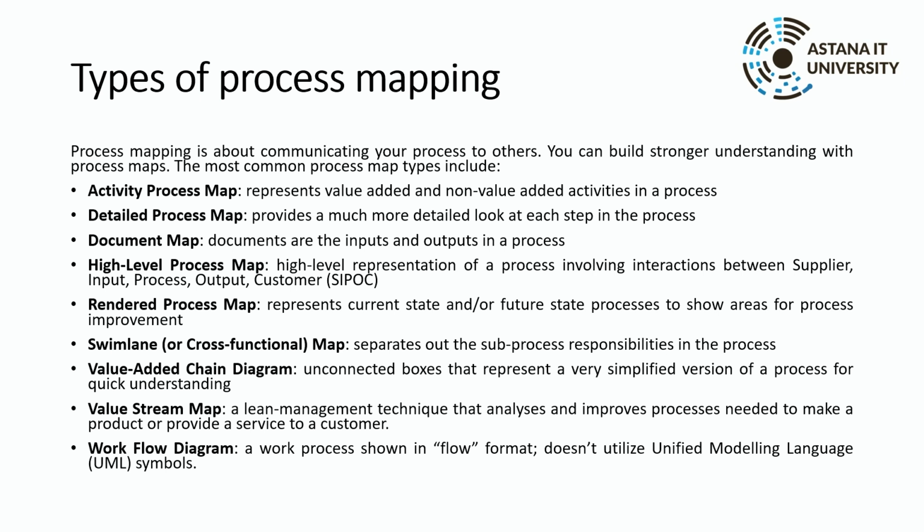Document map highlights the documents, like inputs and outputs, involved in a process, enhancing understanding of information flow and ensuring proper documentation management. High-level process map (SIPOC) offers a quick overview using the SIPOC framework, emphasizing key elements and stakeholders involved in the process.